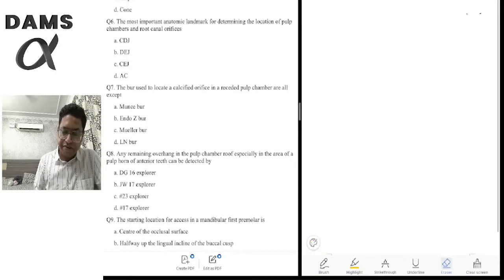Question number 7. The burr that is used to locate a calcified orifice in a receded pulp chamber are all except.